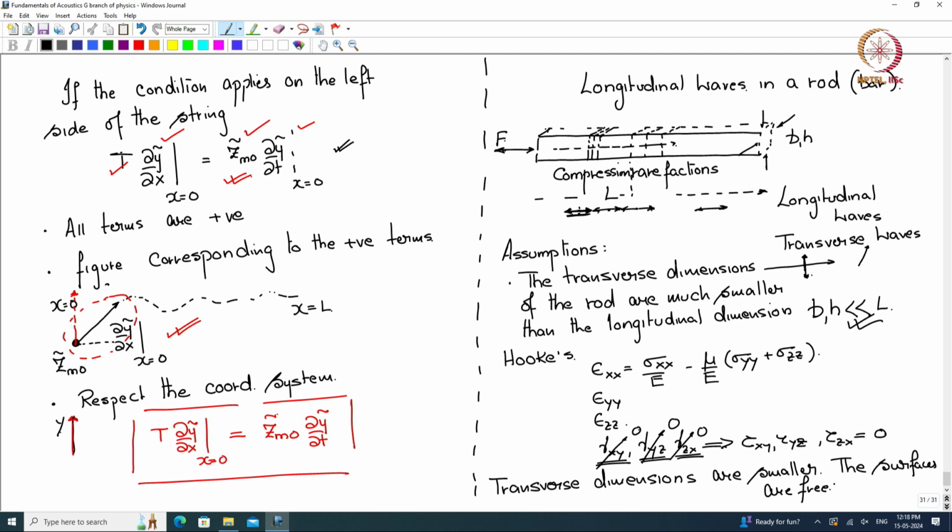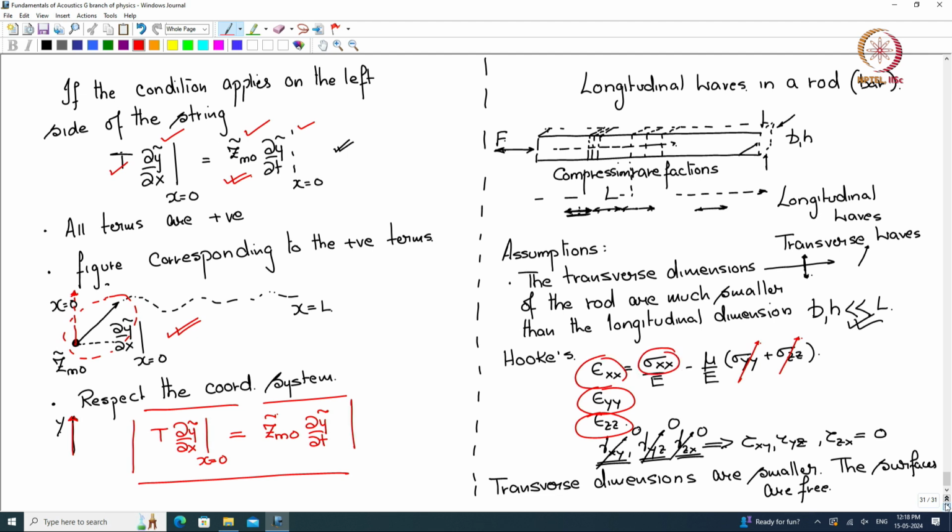Okay, as a result, what will happen is sigma yy we will take it as 0, sigma zz we will take it as 0, and so only epsilon yy, epsilon zz, epsilon xx and sigma xx will survive.